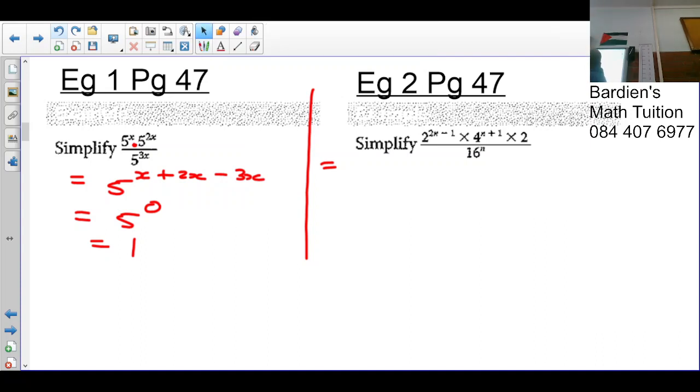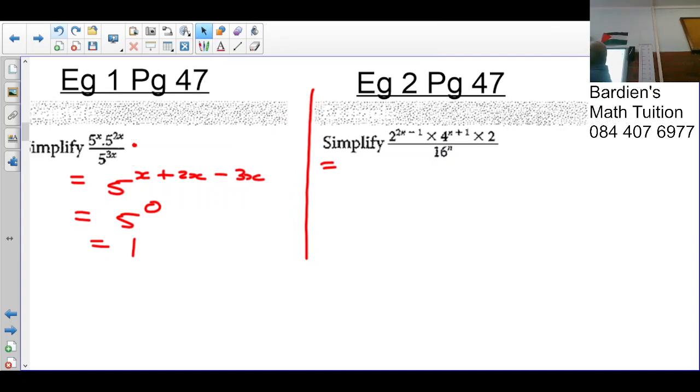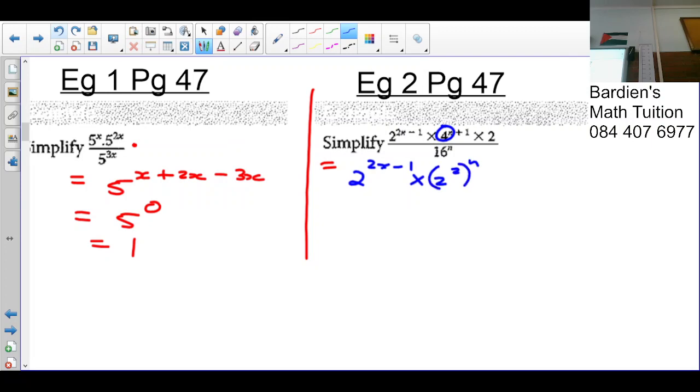What needs to be done here? Write the bases as products of their prime factors. So 4 can be written as what? 2 squared, not so? So it's 2 to the 2x minus 1 times 2 squared raised to the exponent n plus 1.